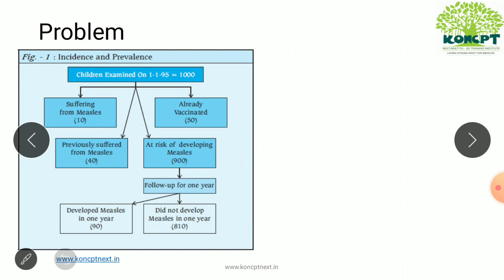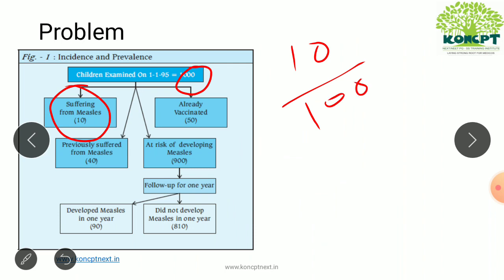So here is a problem of incidence and prevalence. Here we followed up 1000 children, and on 1/1/95, 10 of them were suffering from measles. So the prevalence will be 10 divided by 1000.